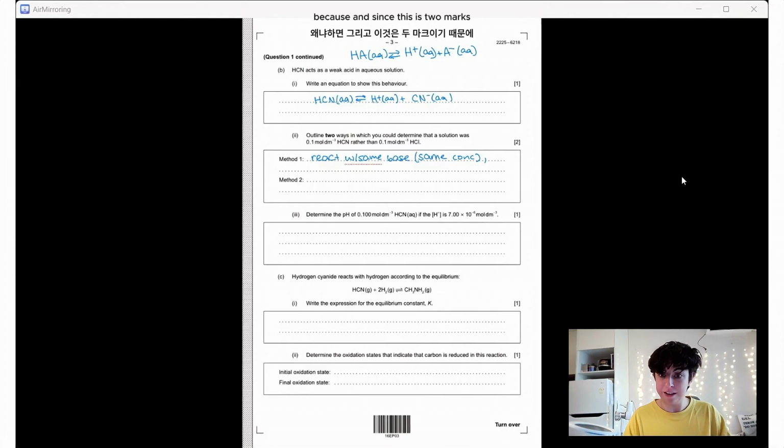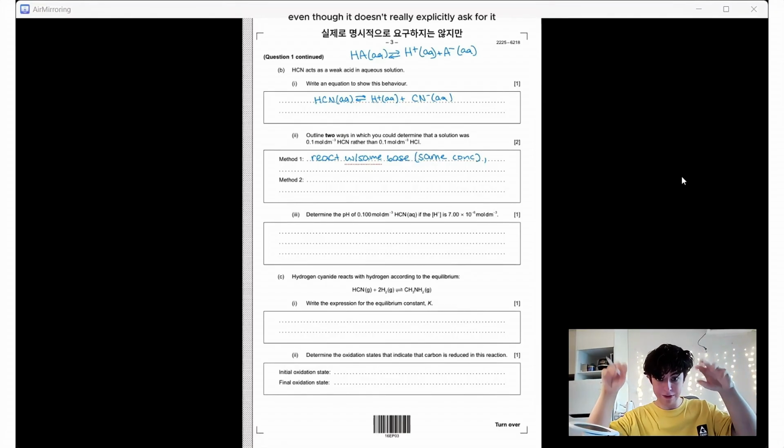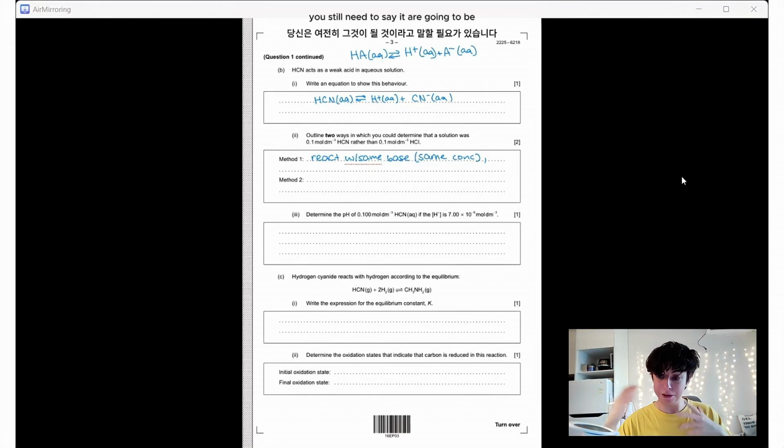Since this is 2 marks, for both method 1 and method 2, both the method and the result, even though it doesn't explicitly ask for it, you still need to say it. It's going to be an and mark. If you just put react with same base, same concentration without the expected result, the way to distinguish it, then you would not get the mark. It's an and mark.